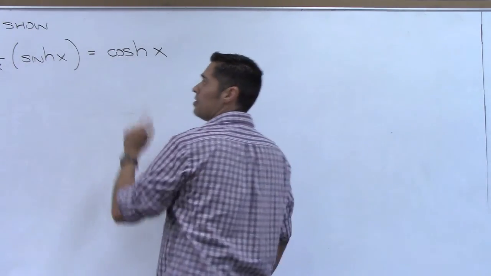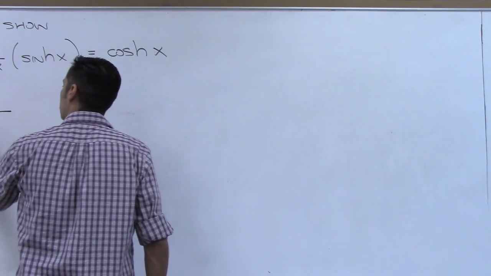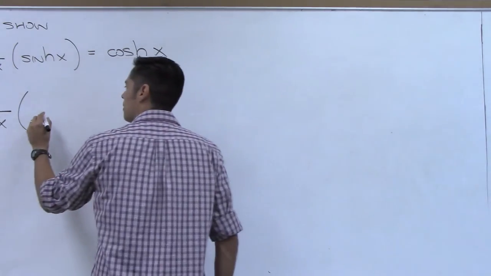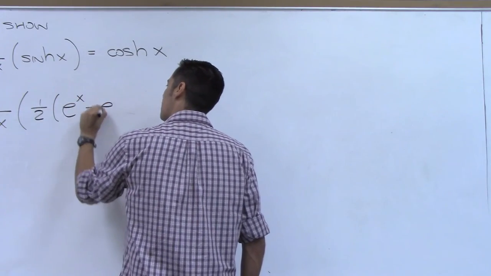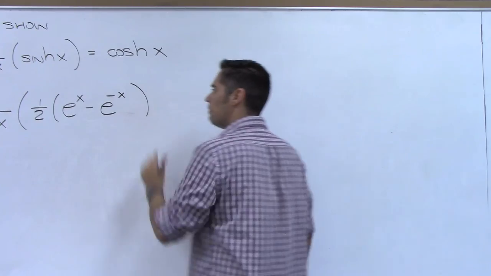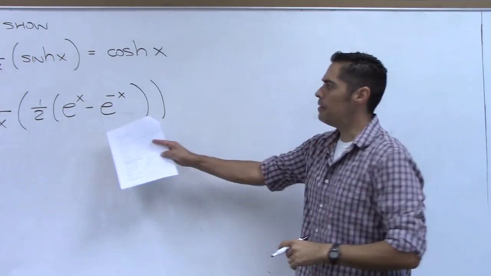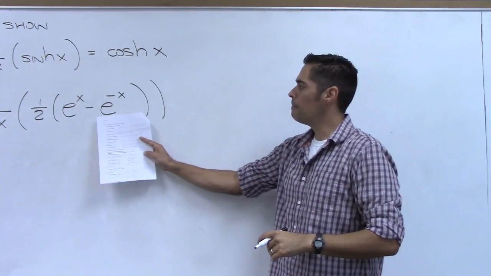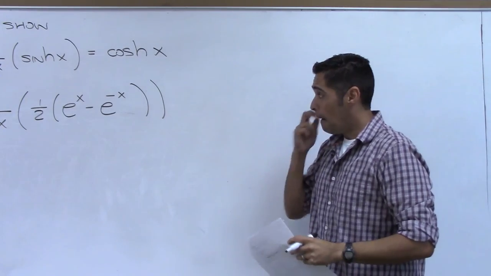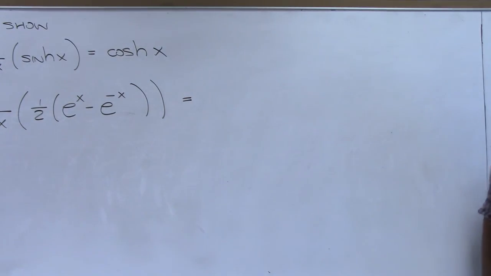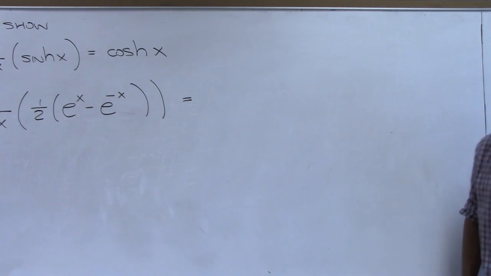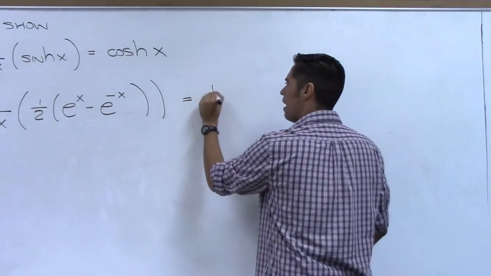So what is sine hyperbolic? The definition of it is 1/2 (e to the x minus e to the negative x), isn't it? So I want the derivative of this. The derivative of that, what do I do with the 1/2? Just leave it out there, okay, 1/2.